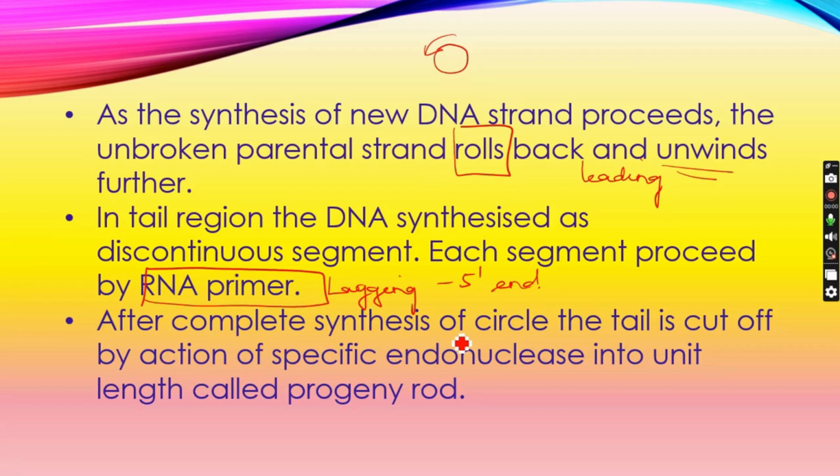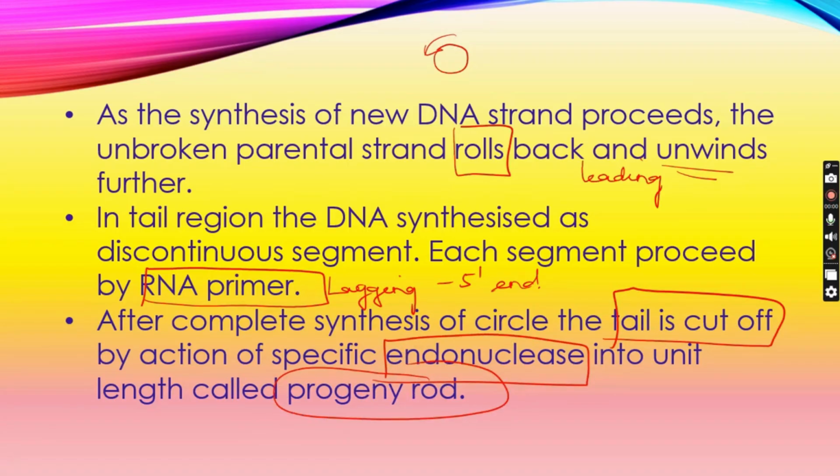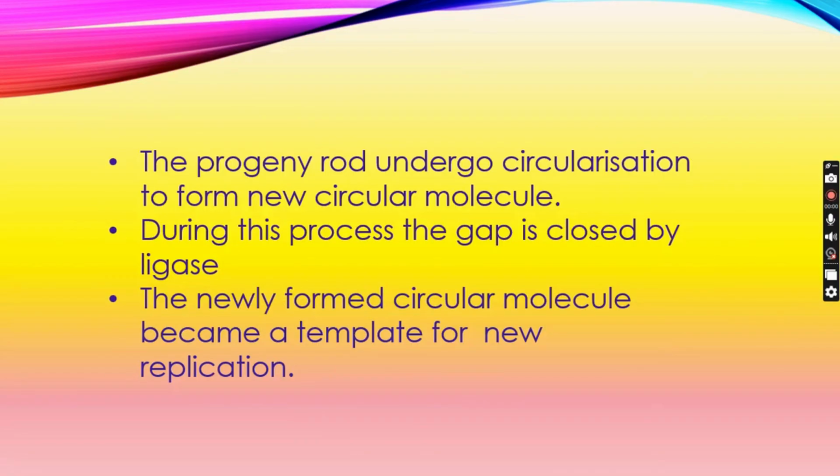After completion of the synthesis, the tail is cut off from the plasma membrane by the endonuclease, which creates a nick and leads to production of the progeny rod. As we saw in the structure, the progeny rod consists of one newly synthesized DNA and another positive strand DNA.